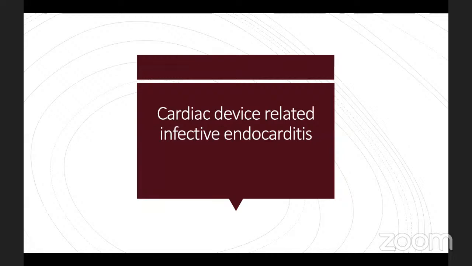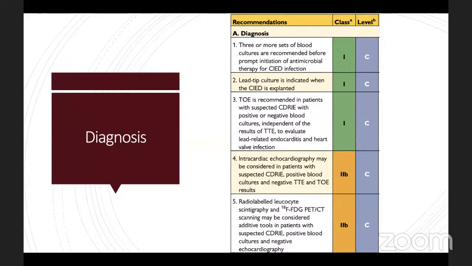Cardiac device-related infective endocarditis. Diagnosis: 3 or more sets of blood cultures are recommended before prompt initiation of antimicrobial therapy for cardiac device-associated infection. Lead tip culture is indicated when the cardiac device is explanted.